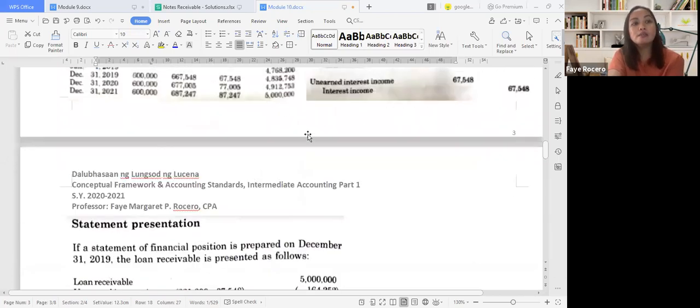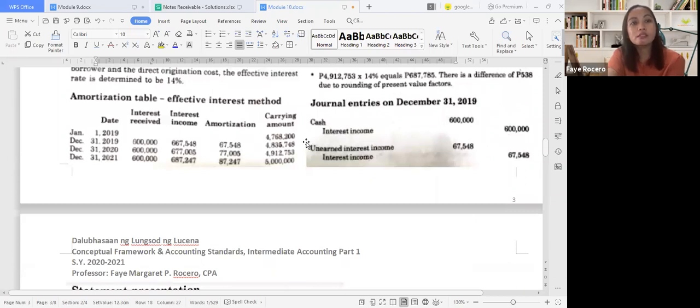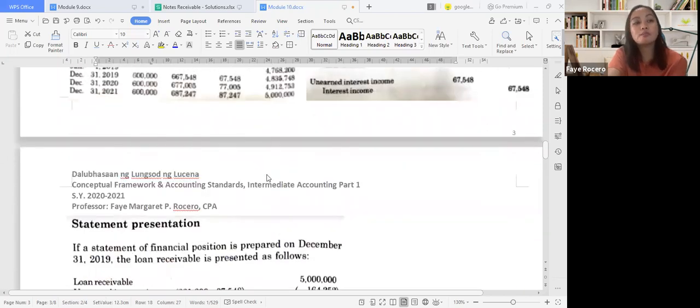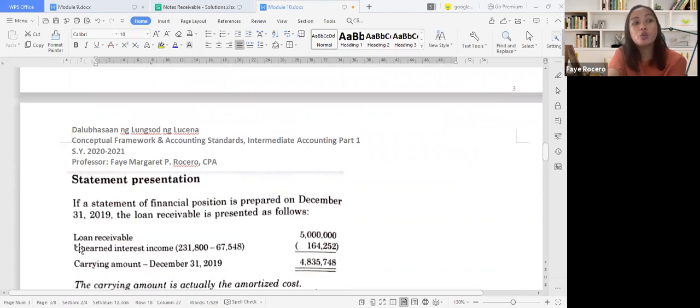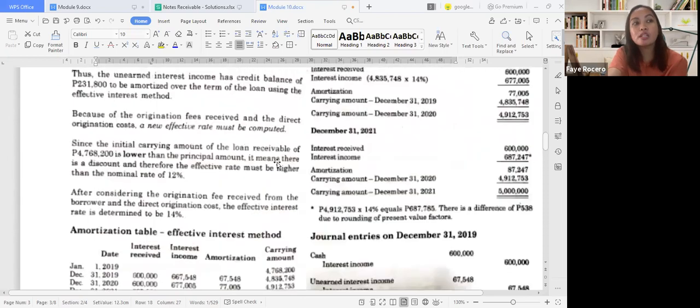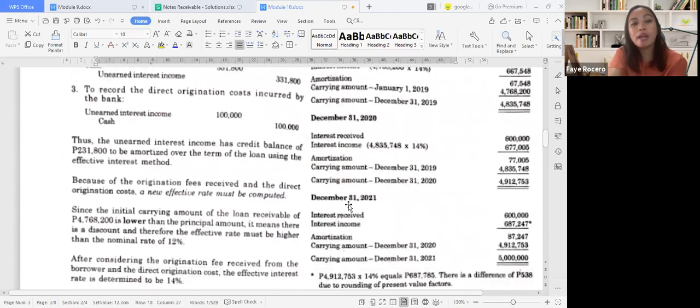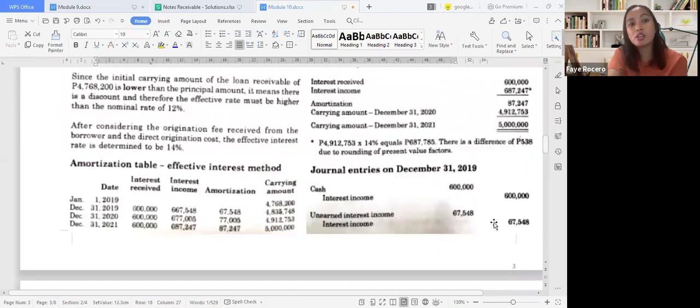The following year, so how are you going to present this one? Itong unearned interest income in the statement of financial position. Of course, loan receivable, 5 million, non-current. Unearned interest income, the balance, so we have 231,800 minus 67,548.